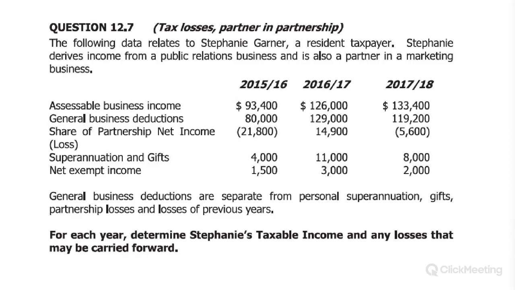Because in 2016-17, when you take the business assessable income and the share of partnership net income and add these two figures, you will see these are higher than the general business deduction and other deduction that you can take away in this second year 2016-17.